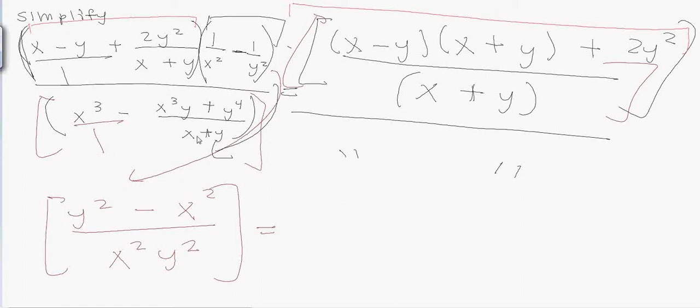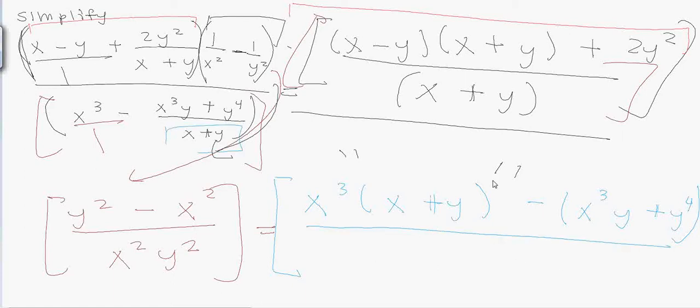So right here, you're once again distributing the x plus y to the x cubed. So you have x cubed times x plus y minus x cubed y plus y to the fourth. Remember, because this term right here is already over the denominator you want, you don't touch it, leave it alone. And then that'd be over x plus y.